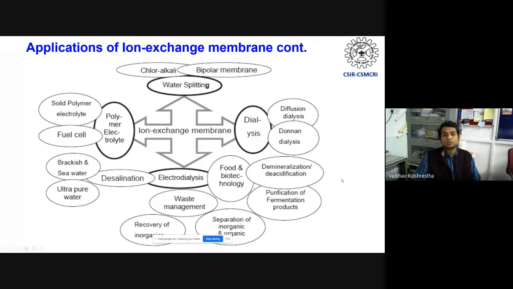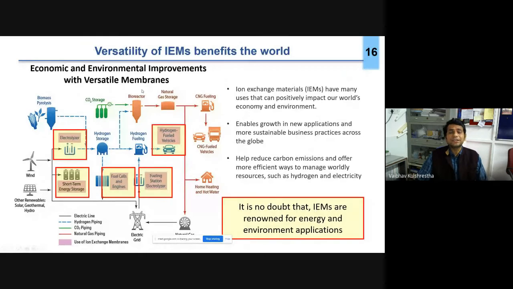Electrodialysis is also used in food and biotechnology for demineralization and de-acidification of fruit juice, and purification of fermentation products.